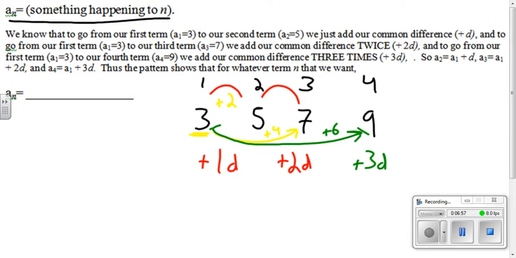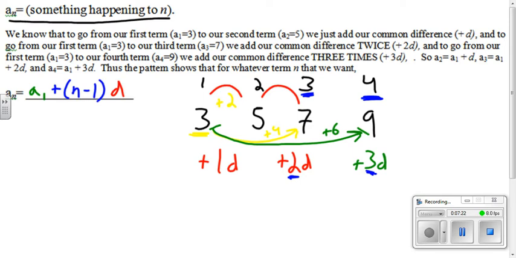So we could say that we started with a sub 1, our 3, and depending on which term we're looking for, if it's the fourth term, it's 3 differences. If it's the third term, it's 2 differences. So then we would add whatever term we're looking for, n, minus 1 times our difference.